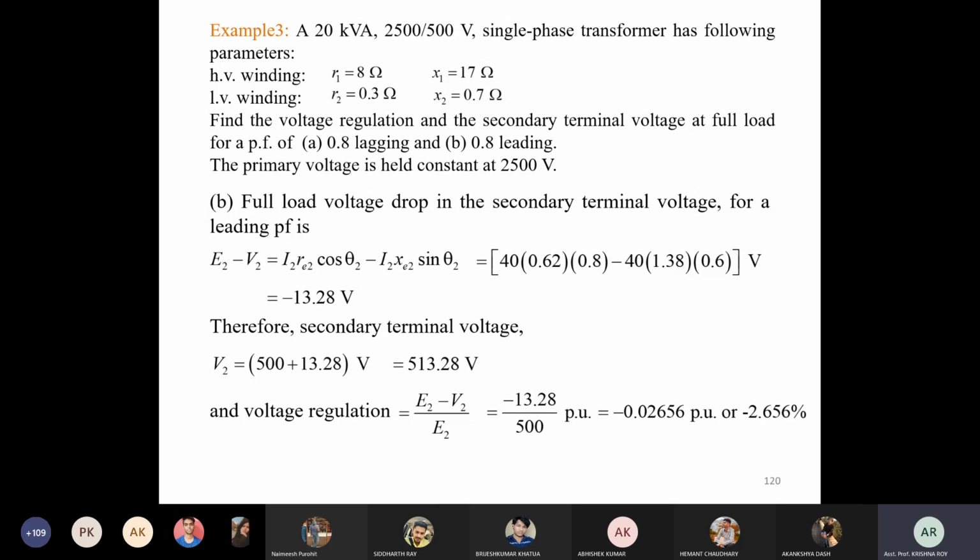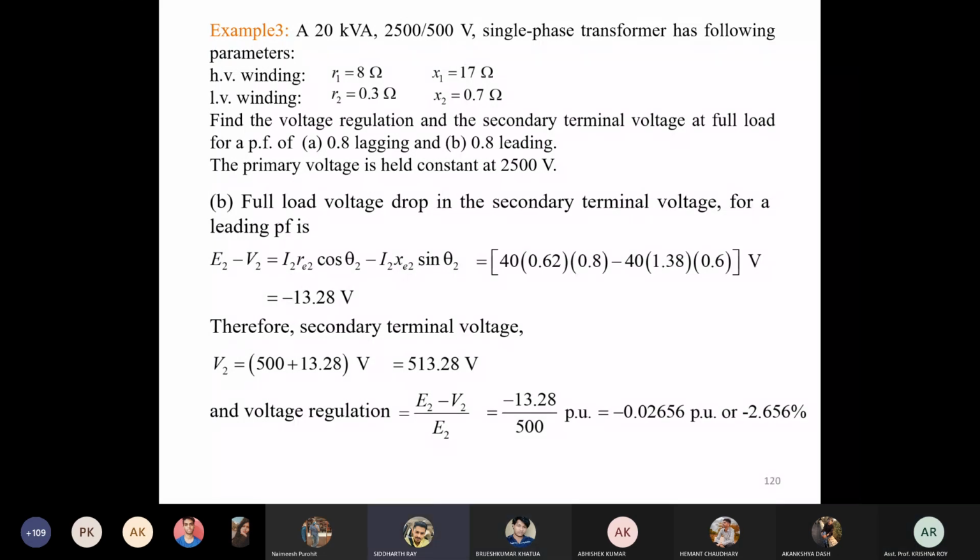So what is the physical significance of this? Tell me. Leading power factor means what type of load? Inductive or capacitive?